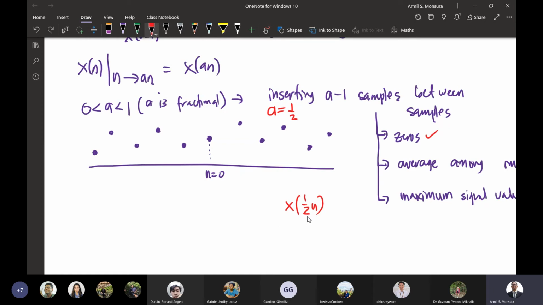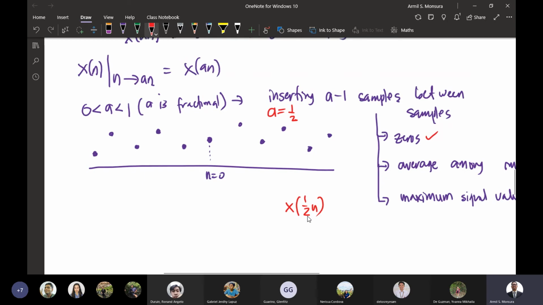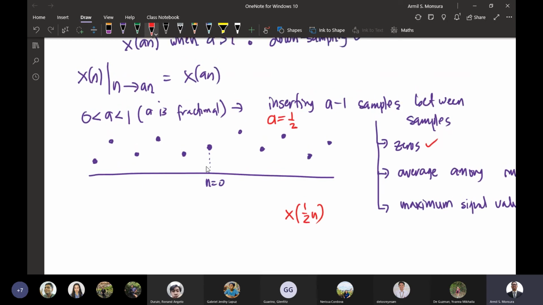Okay. So, ganito yung basic na mangyayari dun sa operation niyo. Galing dito. Sorry, mali pala ito. Nag-update siya. Hindi to A, 1 over A ito.